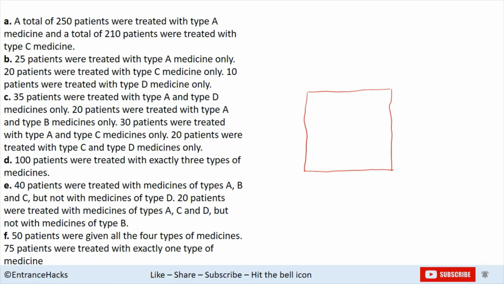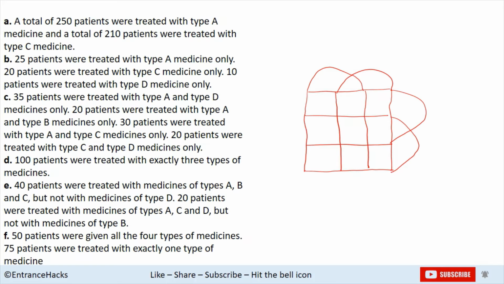This will be a 3 by 3 box for four parameters. Then we'll make two curves like this, similarly on the other side. So this will be A, this will be B, this will be C, this will be D.